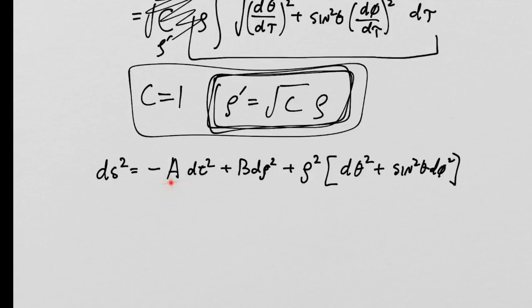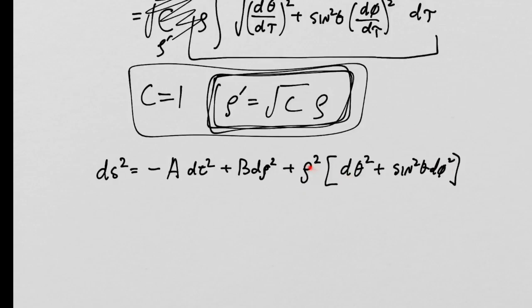You'll have some unknown coordinate functions a and b, which will be different than the previous ones because we've changed the variable rho. And you'll end up with this term here, rho prime d theta, and then the solid angle piece.